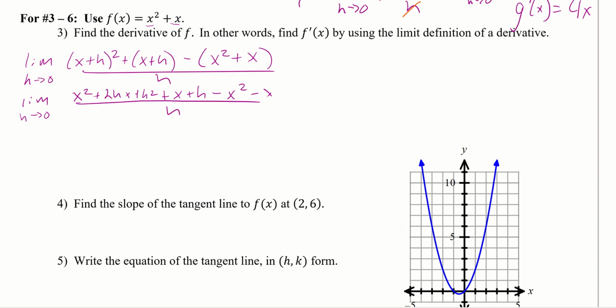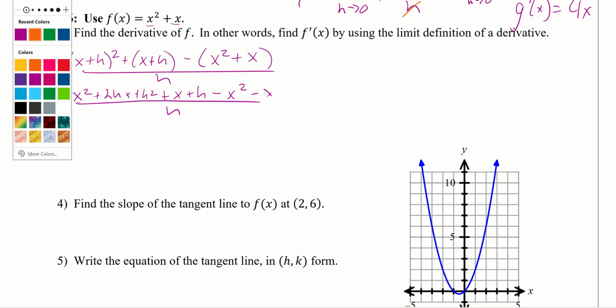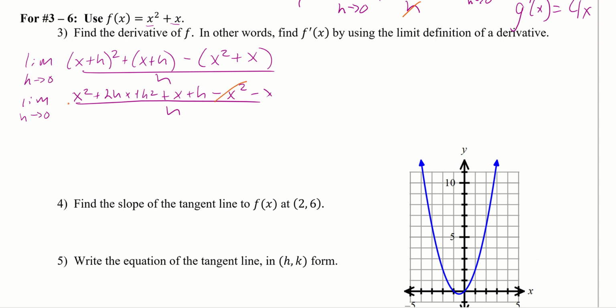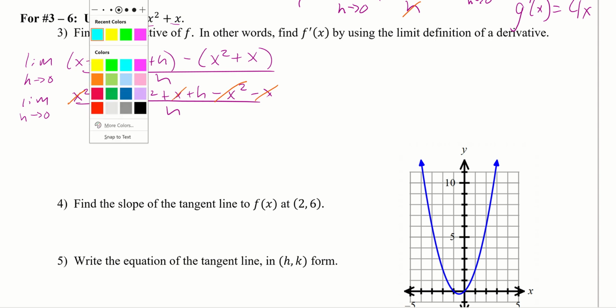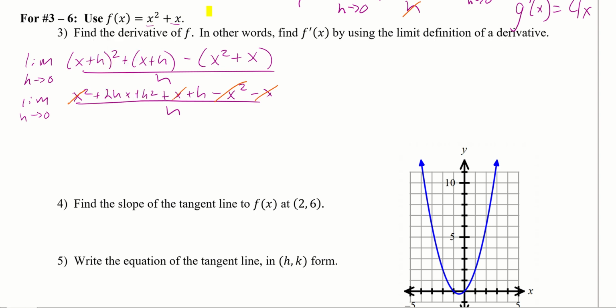Now I can't cancel the h's out yet. You'll see that it's going to cancel out, but right now there are terms that don't have an h, so I can't cancel out now. But again, this cancels with this, and this cancels with this, and if you notice a little shortcut from here, I'll kind of highlight it. Okay, we've got this guy, and that guy.